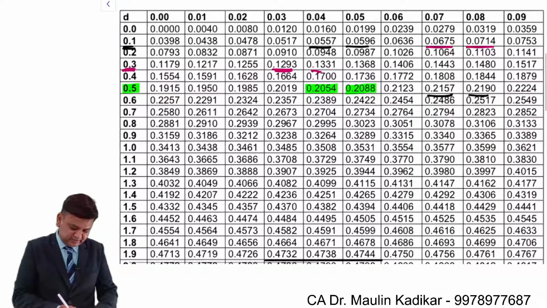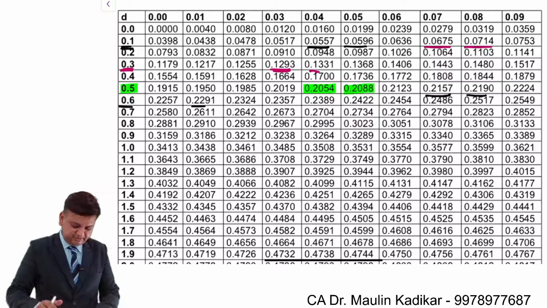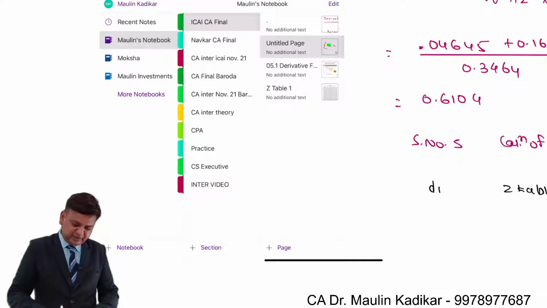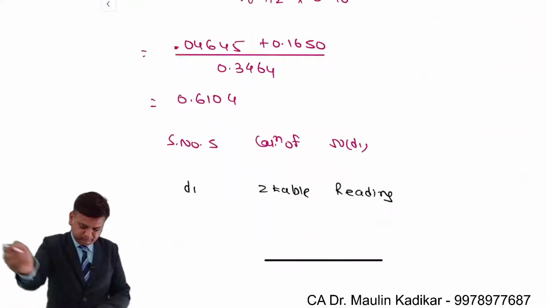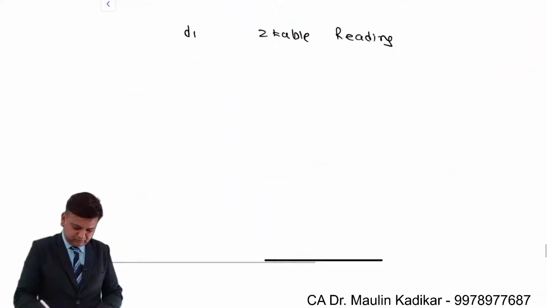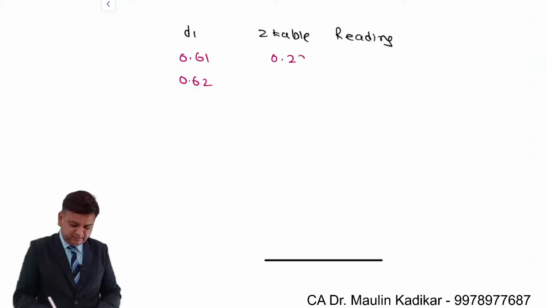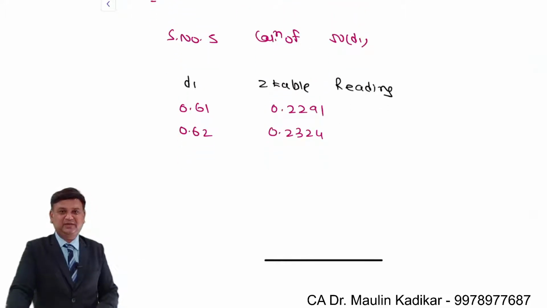So 0.61, so 0.2291, and then 0.62, 0.2324. So 0.61, 0.62. So 0.2291 and 0.2324. With that, we'll make the calculation of ND1.